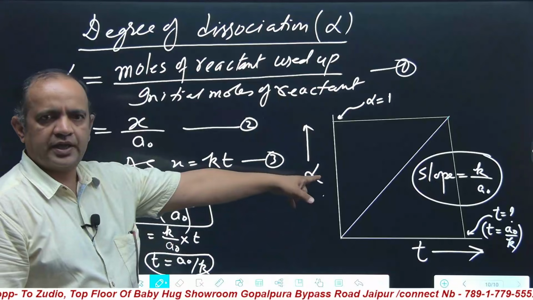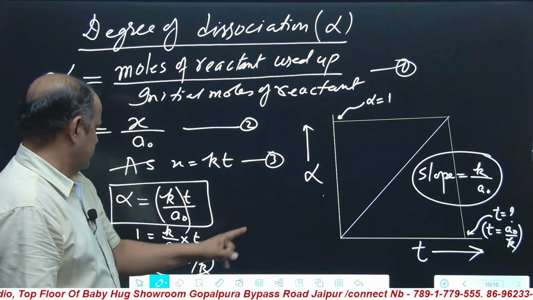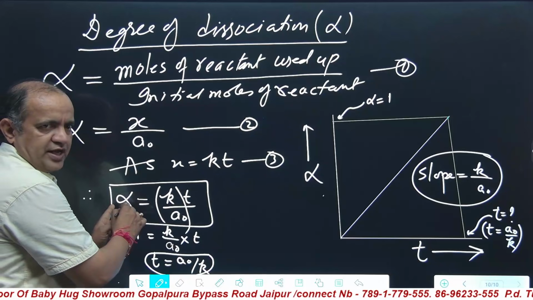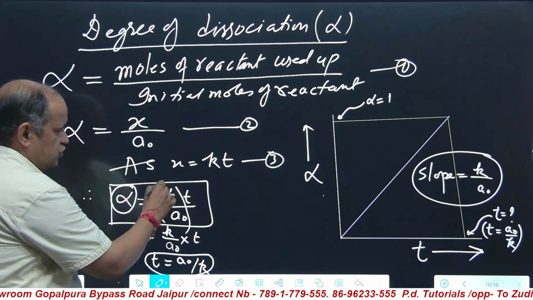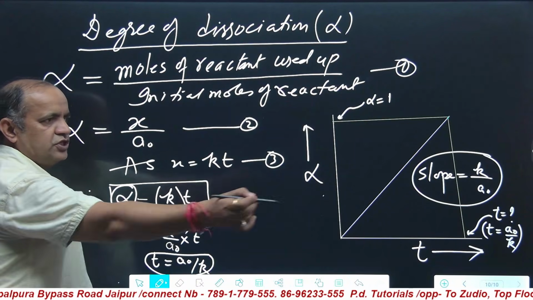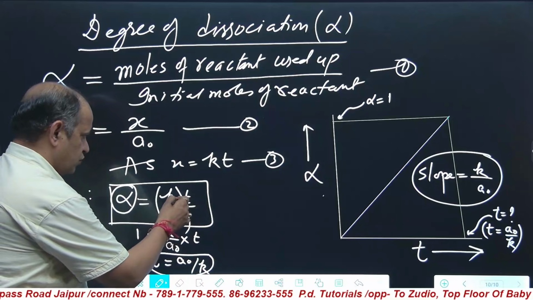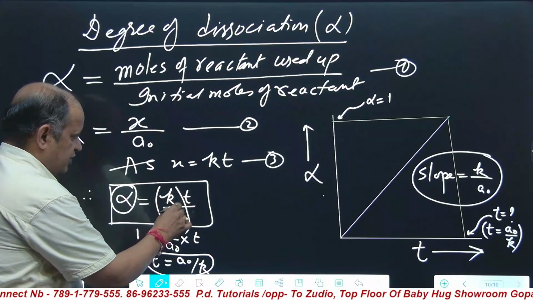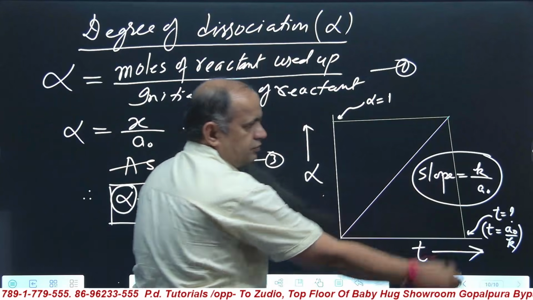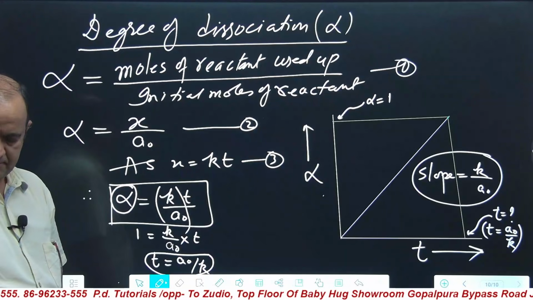Should I explain it again? Compare it with the straight line equation. This is y, this is m, this is x, and c is 0. So this is y, this is x, m is slope, k by a naught. Okay? Yes, copy it.